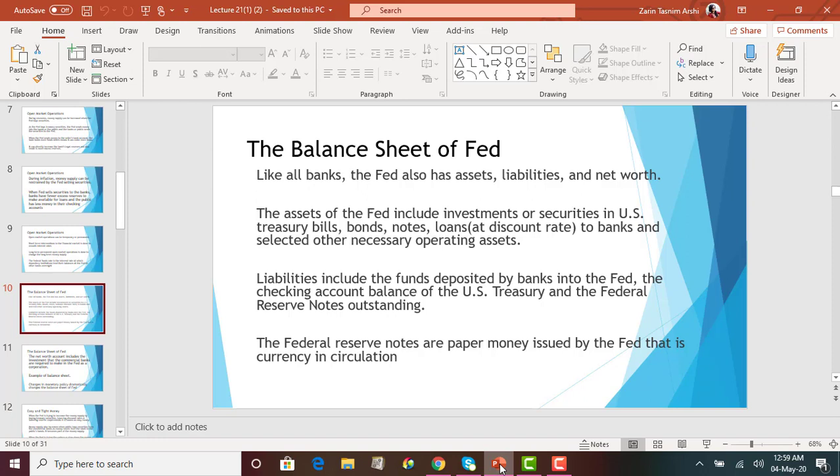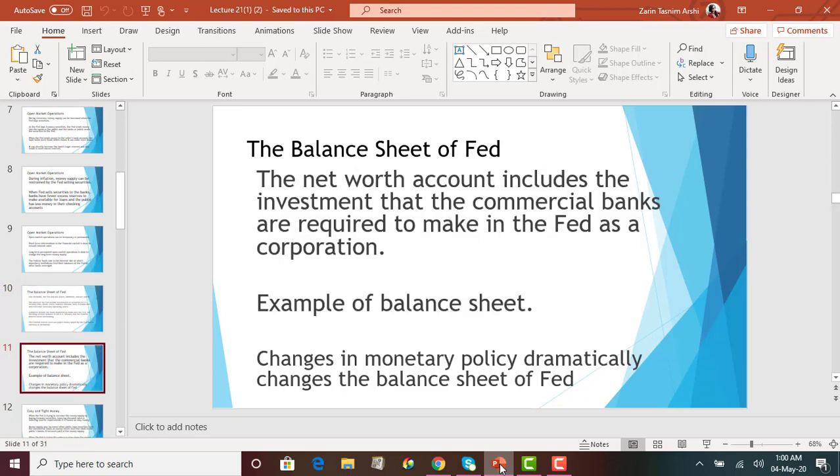So a Federal Reserve note is basically the paper money issued by the Fed that is currently in circulation in the economy. That is the money that they printed and that's in circulation in the economy. That's a liability to the Fed. Okay, and last, the net worth basically includes the investments that commercial banks make into the Fed as a corporation.